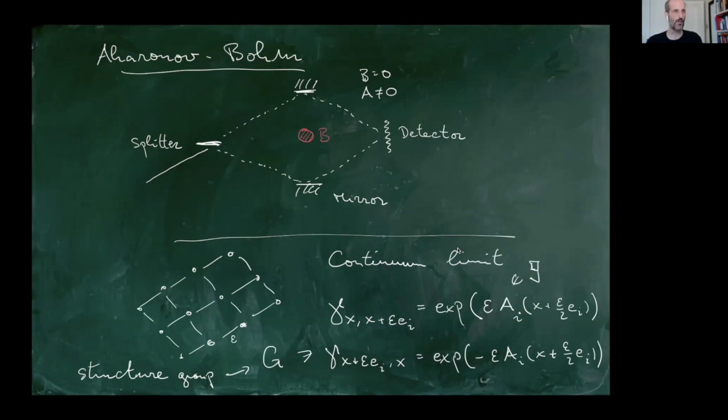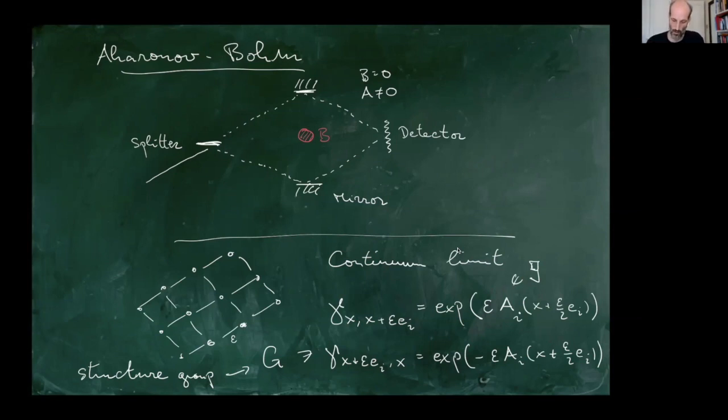So that comes from the fact that the gammas associated to one oriented edge are the inverse of the gammas associated to the same edge with the opposite orientation, okay? So that at the level of the A's, that tells us that going up at one point is minus the same A going down.